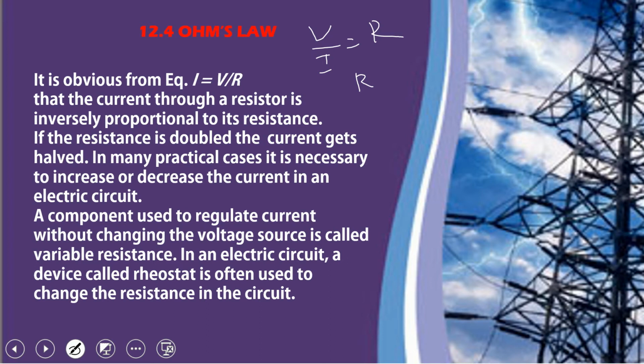Sorry, what is I equal to? I is taken to that side, so I is equal to V upon R, as R is taken to this side. Understand? Now the current through a resistor is inversely proportional to its resistance. That I only told now. The current passing through a conductor is inversely proportional to its resistance. Inversely means when one quantity is increasing, the other quantity is decreasing. That is what inversely means.